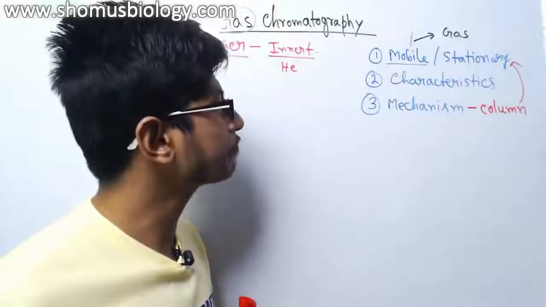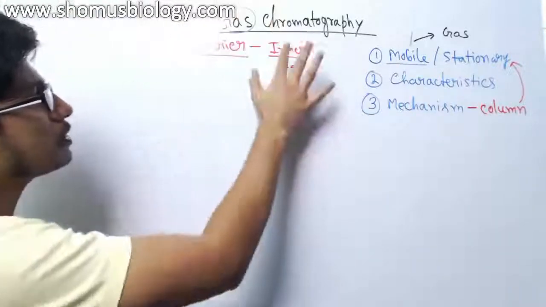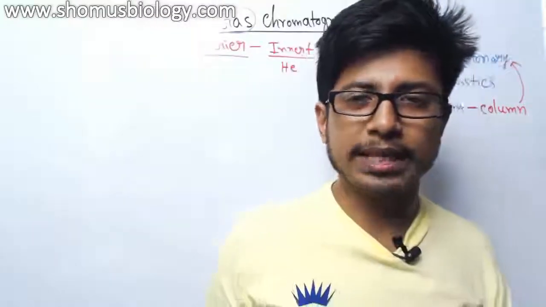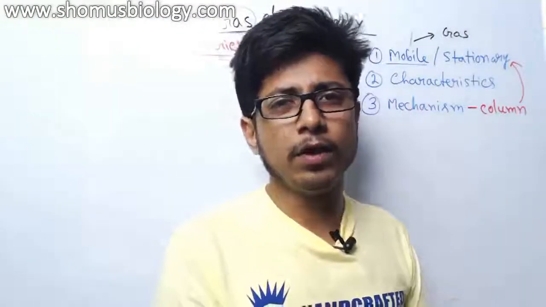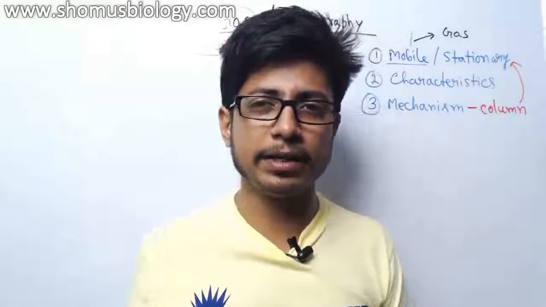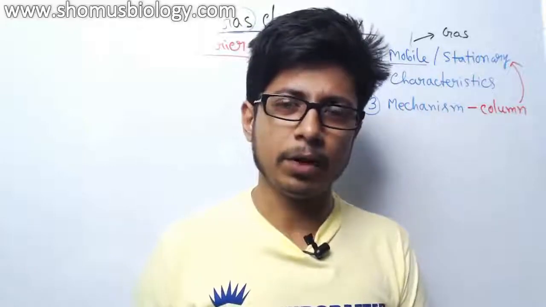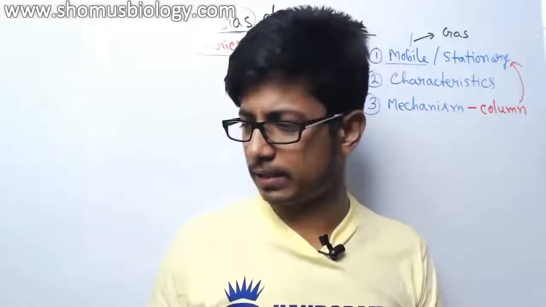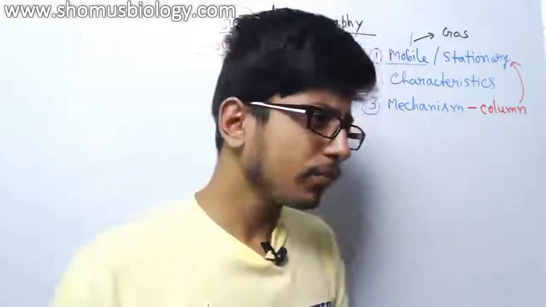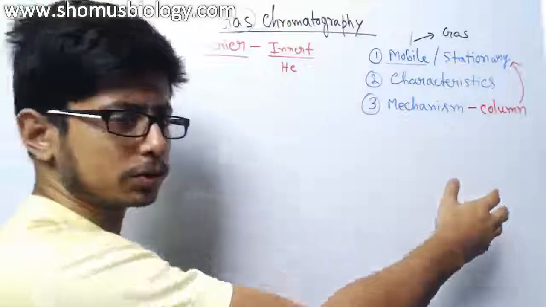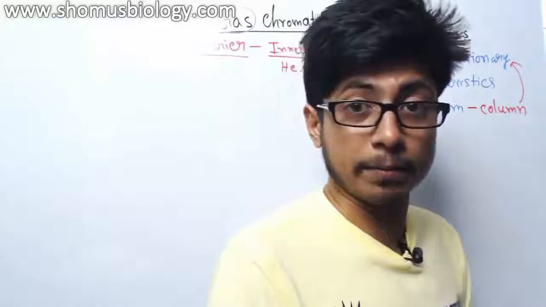So here we use gas chromatography to separate mostly organic compounds with a molecular weight of less than 500 or less than 800, mostly between 200 and 800 Dalton. Otherwise, we mostly use organic compounds, but we can also use inorganic compounds.